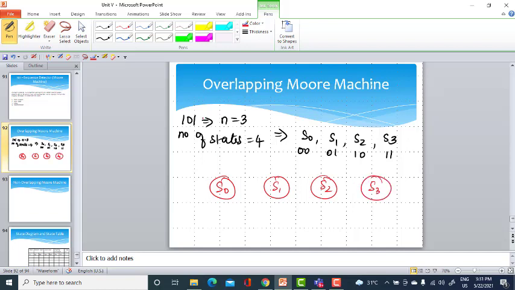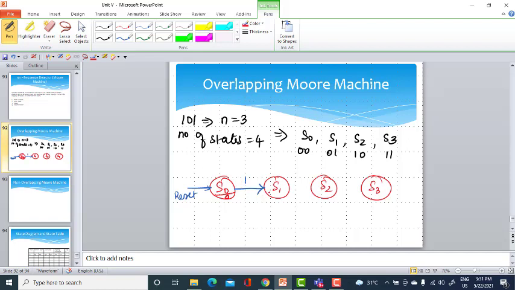Keep in mind, you are going to represent the output also in the state itself. The correct sequence is 101. When you are in the initial state, namely the reset state, and you receive 1, you will go to the next state, and the output is represented within the state itself, which is 0.